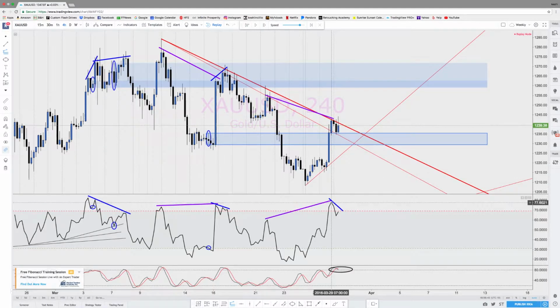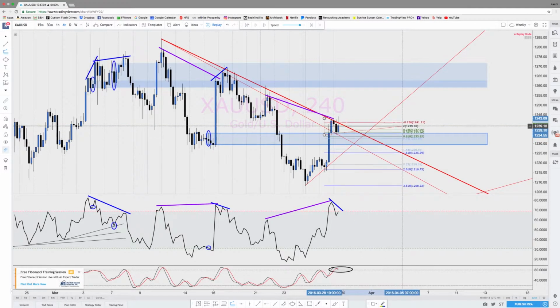The way I do that is I take the peak of this end of the divergence, find the relative high on price, which is right there, and I start my fib at that level. I find the low, or the peak between the divergence, or the low of the divergence, and I set my other end of the Fibonacci extension there.